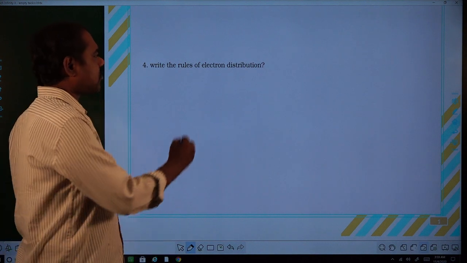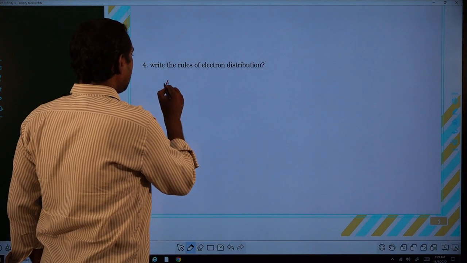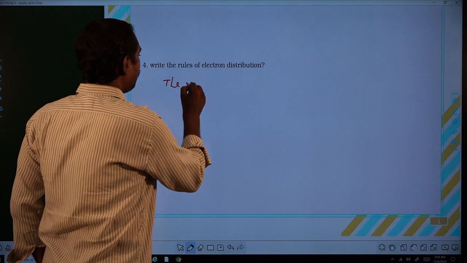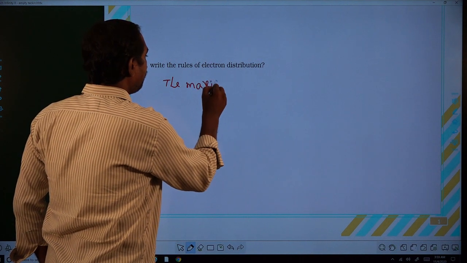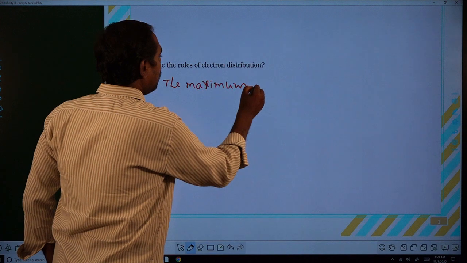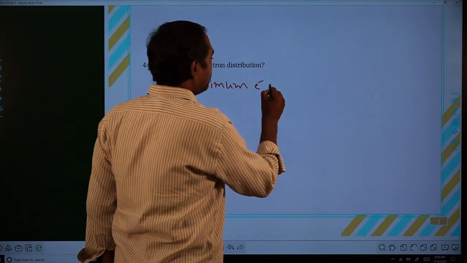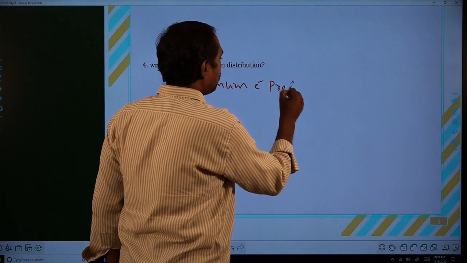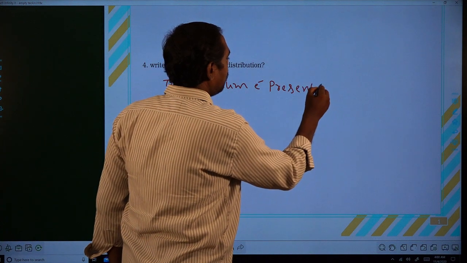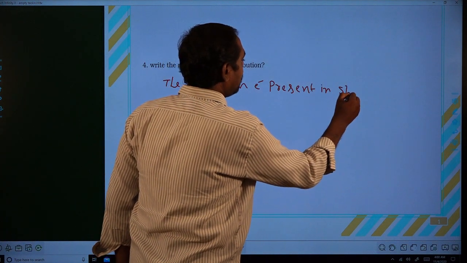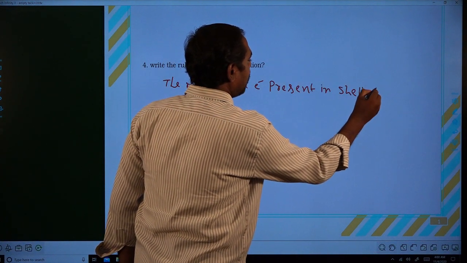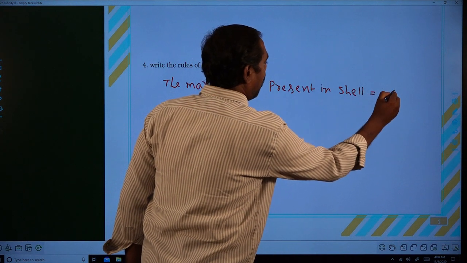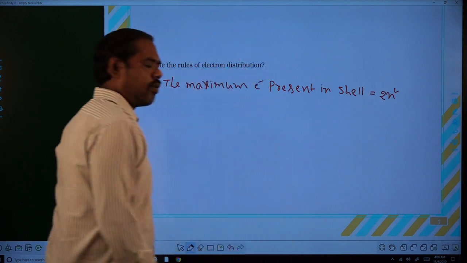So the maximum electrons present in a shell we can calculate by using the formula 2n square.